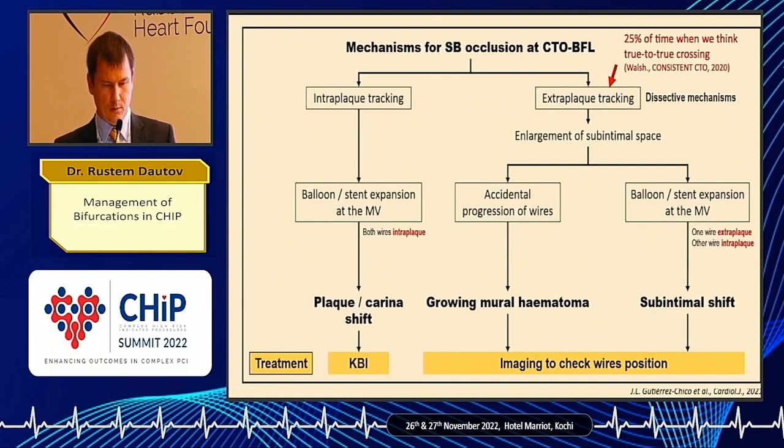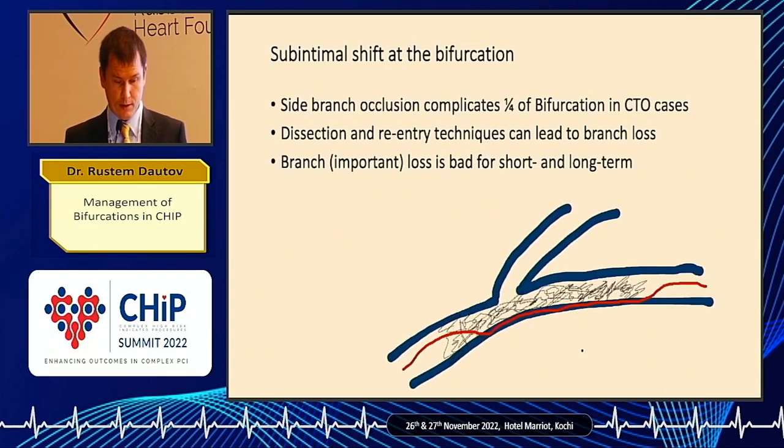And when we talk about mechanism of side branch occlusion, of course, like in any normal bifurcation, it could be plaque shift, it could be carinal shift, but in CTO PCI and in complex lesions, it's also a new term called subintimal shift. This is usually a bit different, treated differently.